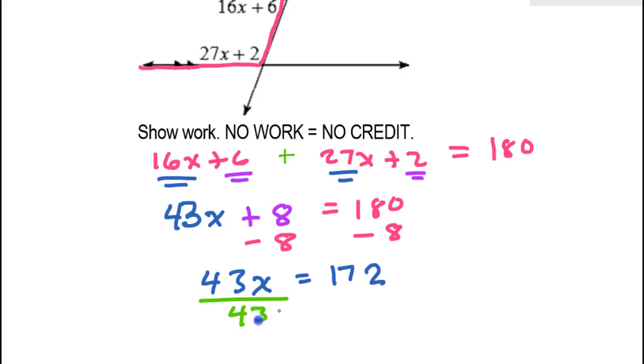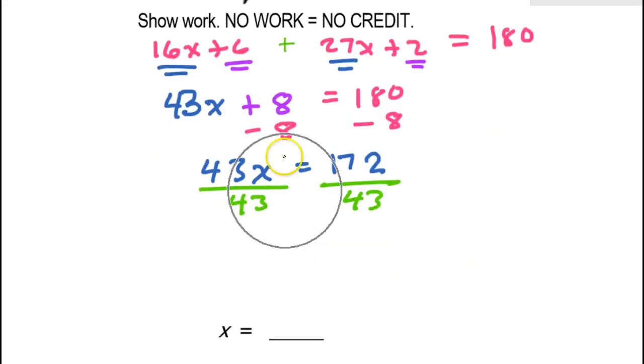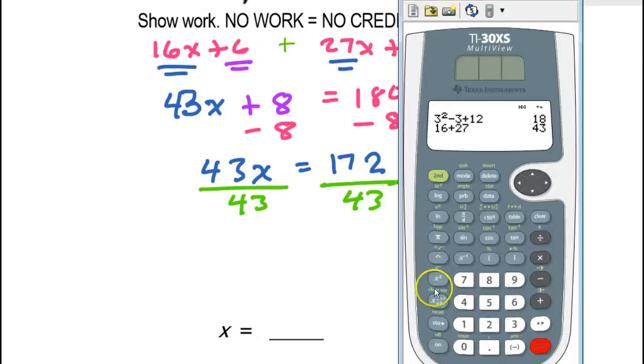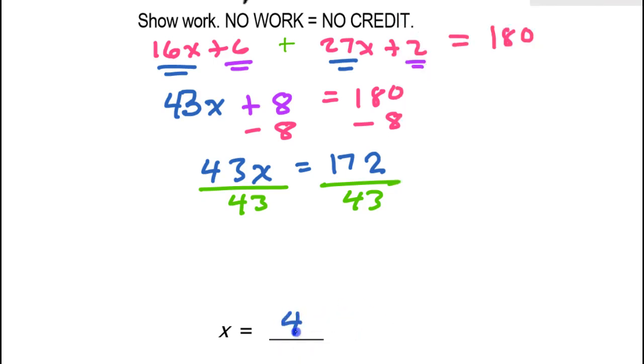So we're dividing by 43. Let's see what it is. Four. So x is 4. Kabam.